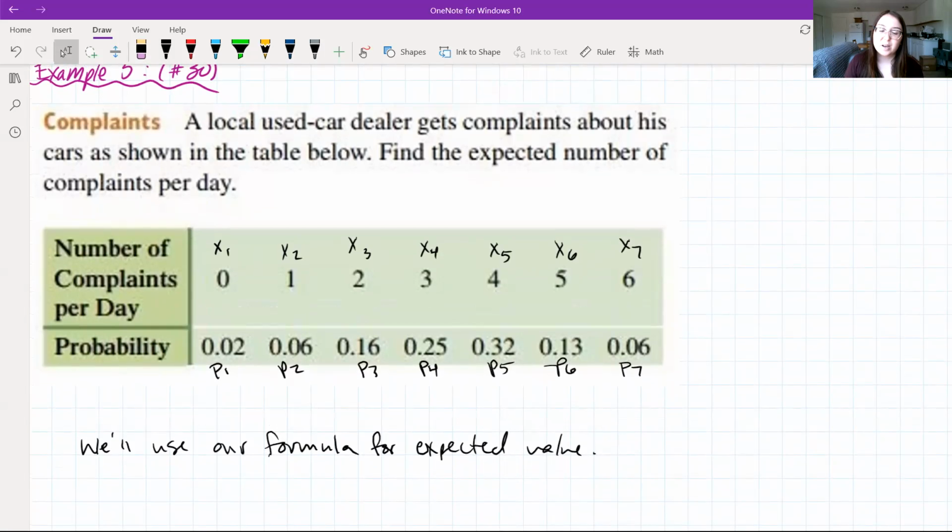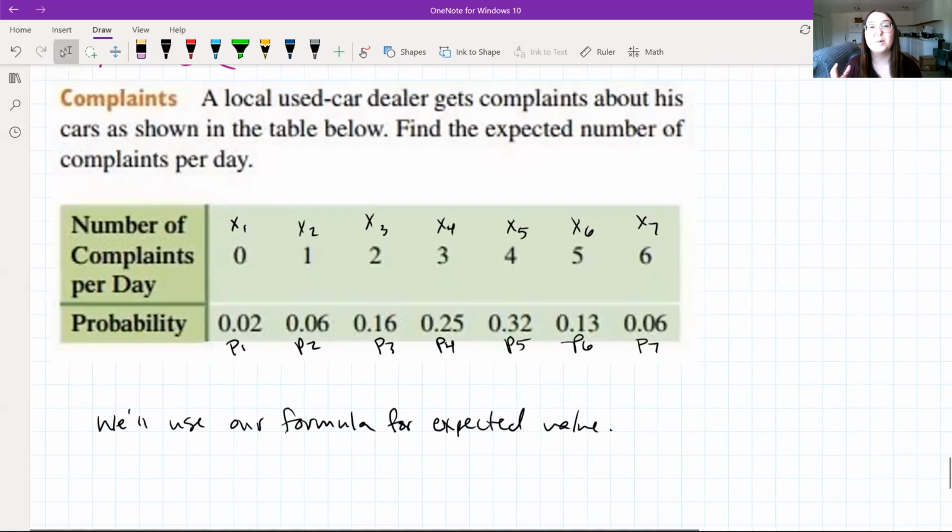So we'll just use our regular expected value formula, which is the expected value equal to x sub 1 times p sub 1 plus x sub 2 times p sub 2 plus, and then we go until our last outcome, which would be x sub n times p sub n, which in our case is x sub 7 times p sub 7.